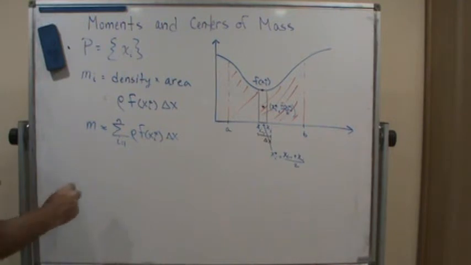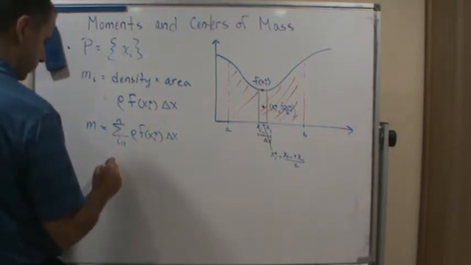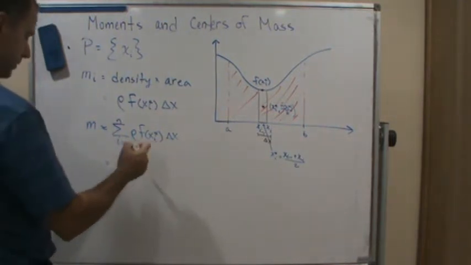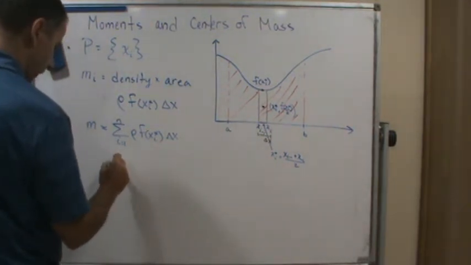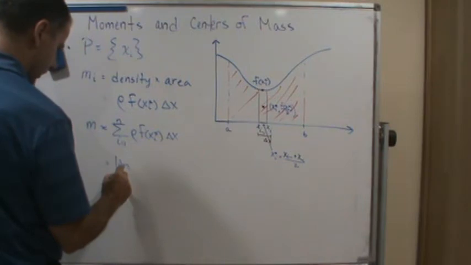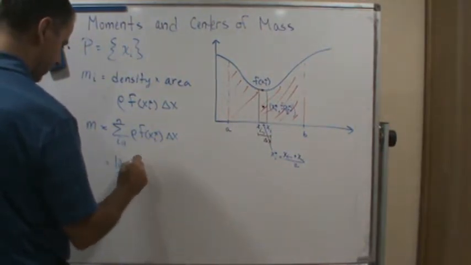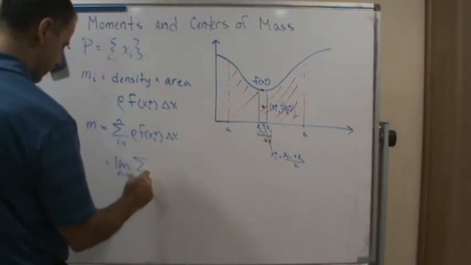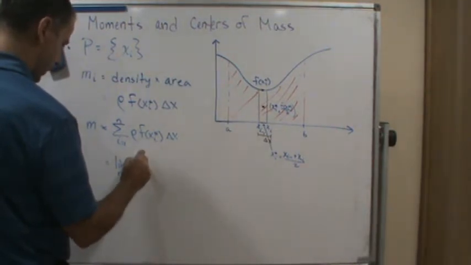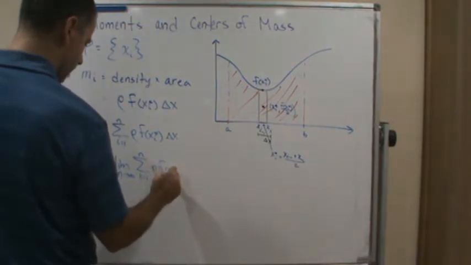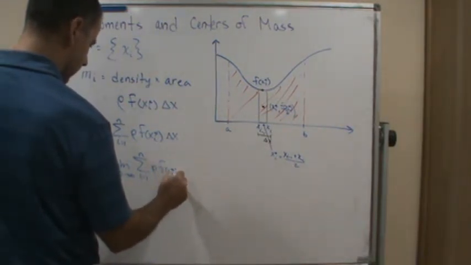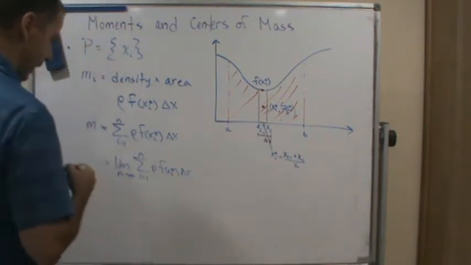And of course, if we want to get the exact, remember, we can take the limit of this Riemann sum. So again, we're going to take the limit as n approaches infinity of the Riemann sum I equals 1 to n of rho times f of x star delta x.